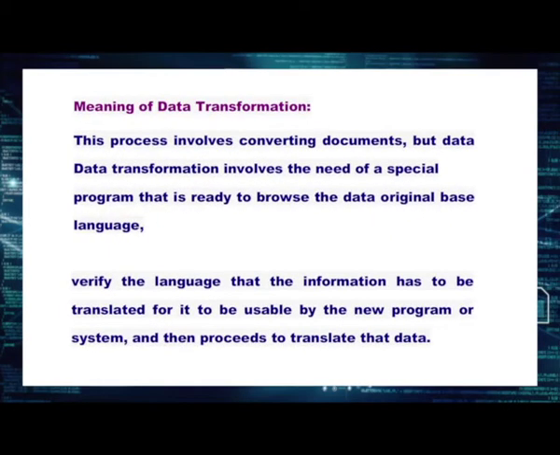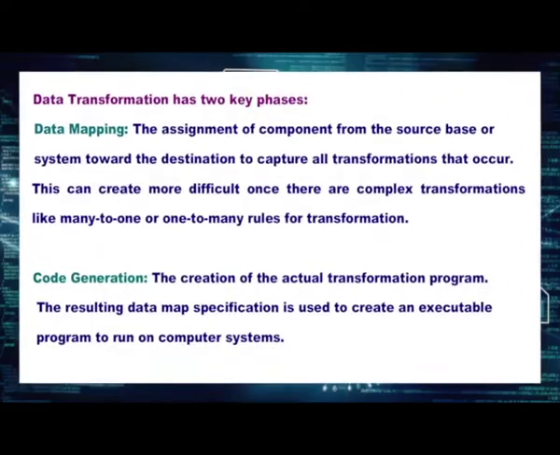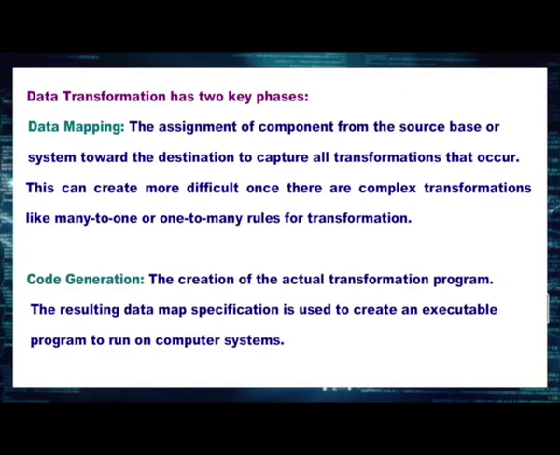Data transformation involves the need of a special program that is ready to read the data's original base language. Verify the language that the information has to be translated into for it to be usable by the new program or system, and then proceed to translate that data. Data transformation has two key phases. The first one is data mapping.